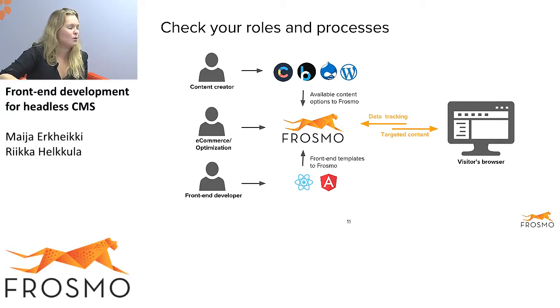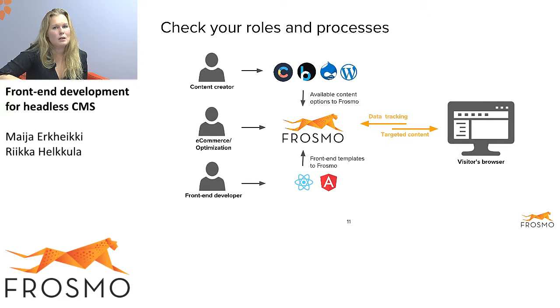So the new architecture actually allows each of the people to choose their own tools. They don't need to settle with the common decision, because each of these will talk through APIs together.